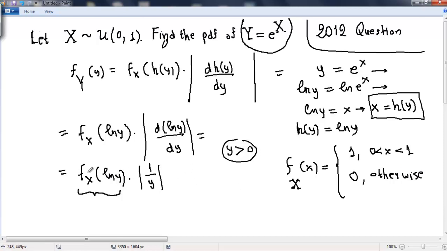How can we combine now these two? Remember, if f_X of ln y is 1, then it's 1 multiplied by 1 over y. If it's 0, then the product is 0.